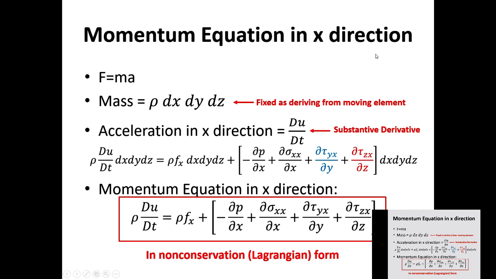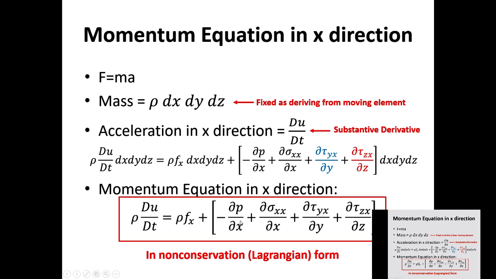So you can rearrange it and you can write it like this. Okay. So in here, that is your ma term. Those are the total of forces. Okay. So that's your body force.